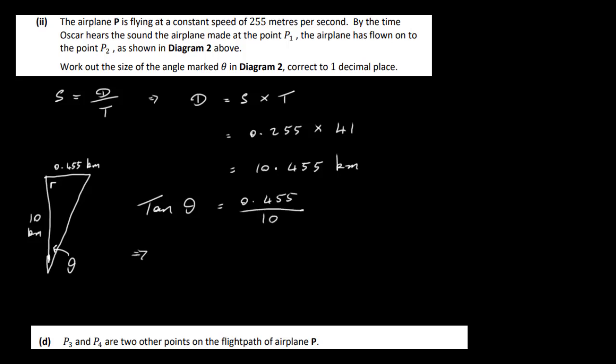So theta is equal to tan inverse of 0.455 over 10. We've got to work out theta to 1 decimal place. When you do that, you get 2.6 degrees to 1 decimal place. And that's it for part 2.